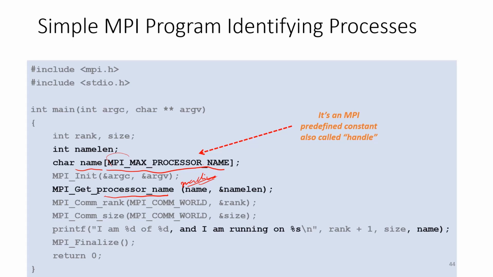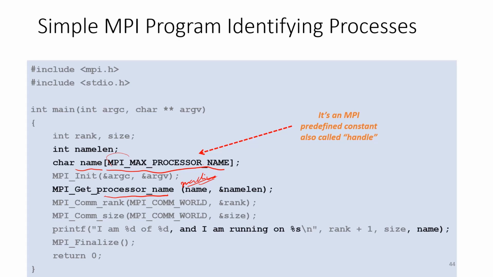Well, MPI does not recognize this. Maybe it will truncate this name down to a certain fixed number. It depends on the specification and on the implementation. So maybe it will cut it down to 10 or 16 or 8 characters, something like that. And this is why we have to use this constant.